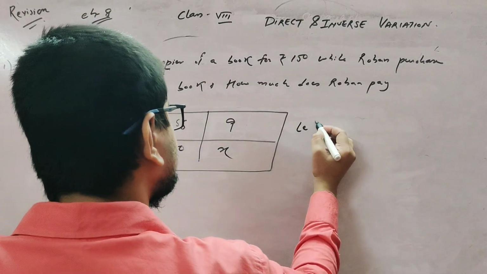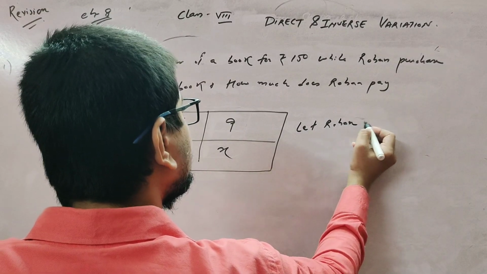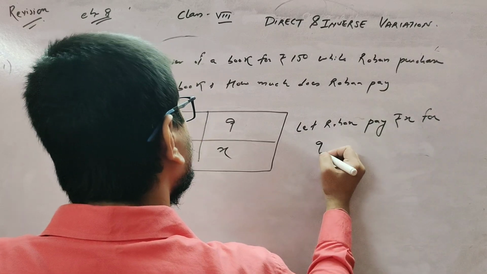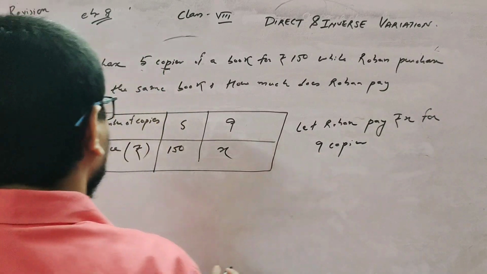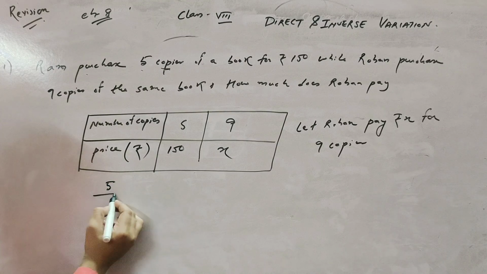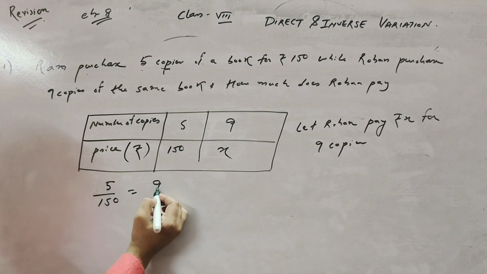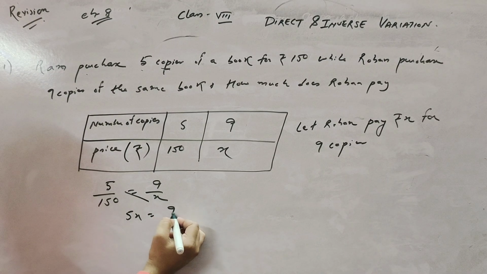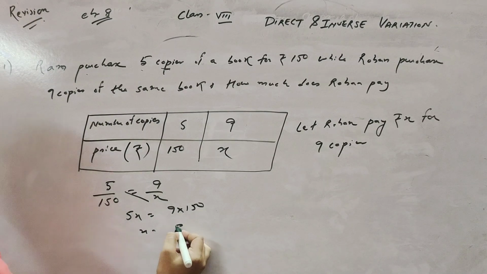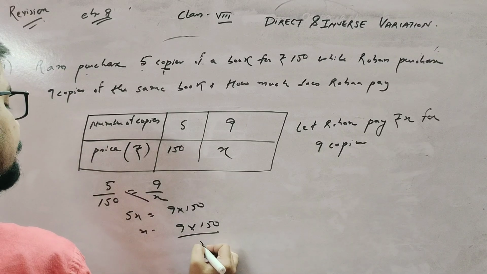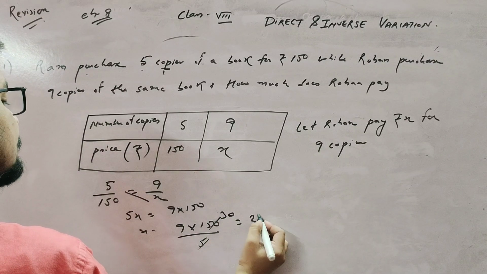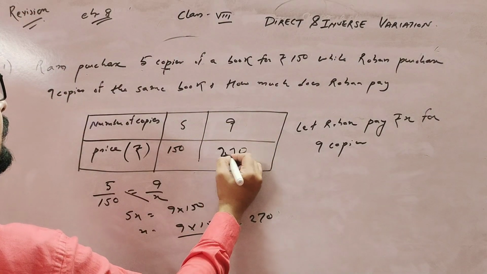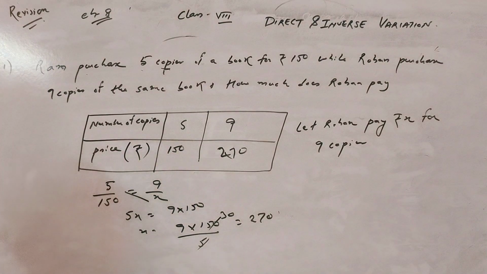Let Rohan pay rupees x for 9 copies. So directly write 5 by 150 equals 9 upon x. Multiply 5 into x, 5x, and 9 into 150. So x equals 9 into 150 by 5, 30, that is 270. So Rohan pays 270. Okay, note.